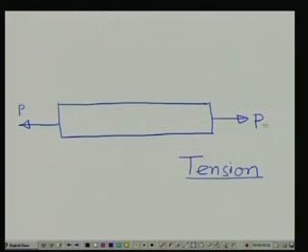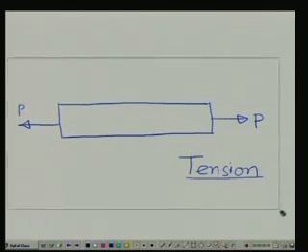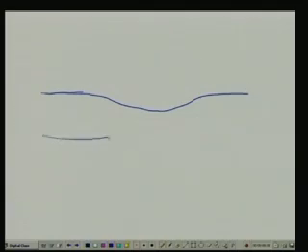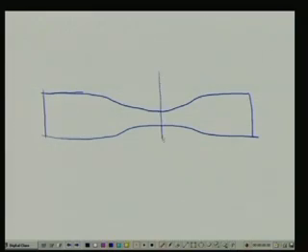If we look at this figure, I think it will be more clear. You must have seen something like this: it comes down to something like this, and ultimately this particular failure takes place in this zone.